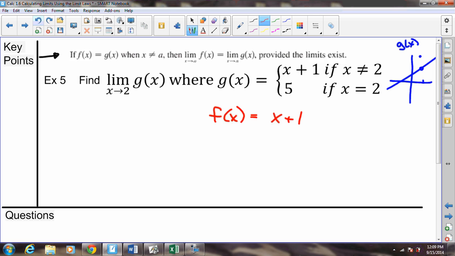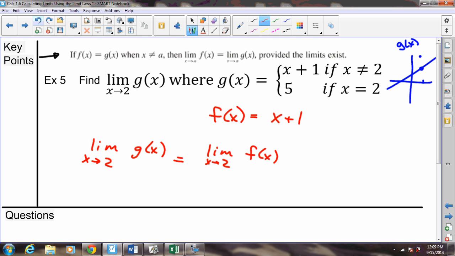You see the behavior there. What this theorem lets us do is say this limit of g of x as x approaches 2 is going to be the same as the limit of this f of x as x approaches 2, because everywhere they are the same except this one tiny little spot.